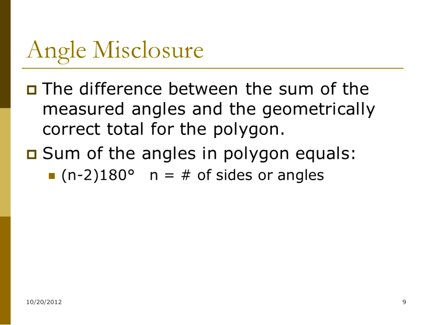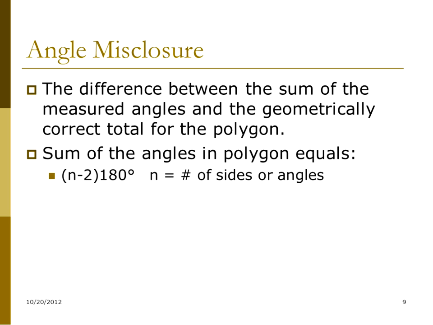The first thing we need to do is balance those interior angles by determining our angle misclosure. This should be familiar. You've already done this at least a couple of times. So the difference between the sum of your actually measured angles and the geometrically correct total for the polygon is what we're looking for.